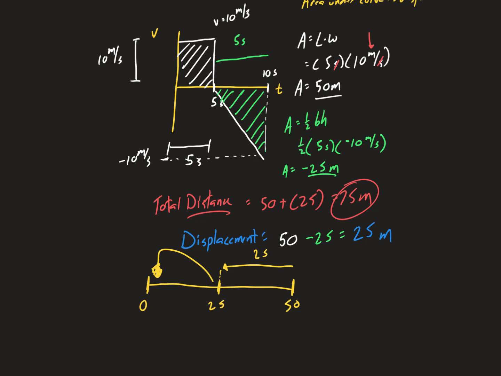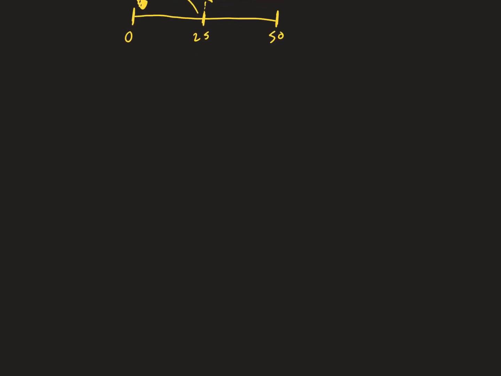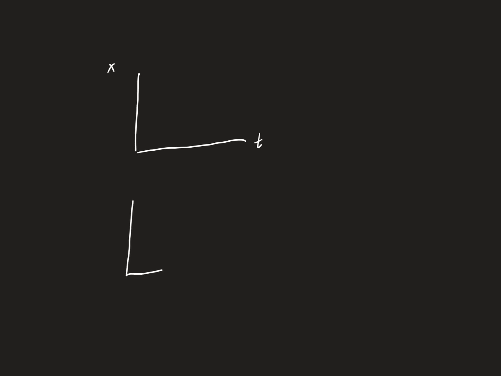So everything we've been talking about in this one-dimensional motion, it's translated to graphs. And so one more quick example to show you guys how these things match up together. What we do is we draw our position versus time graphs, and the velocity versus time graphs that we're going to use tell the same story that we're talking about.